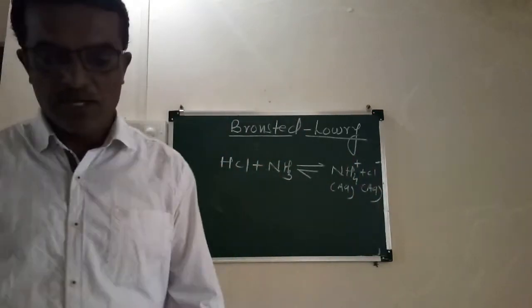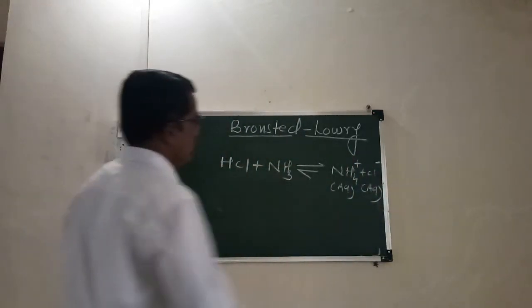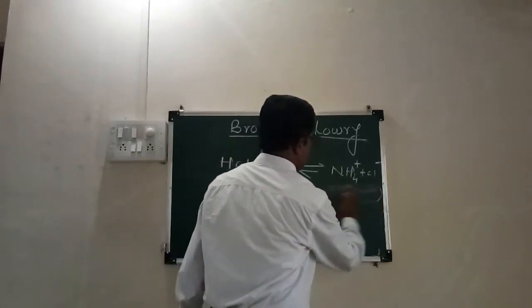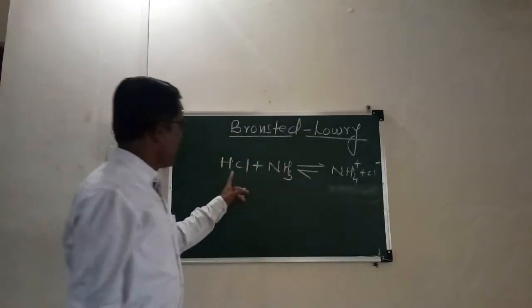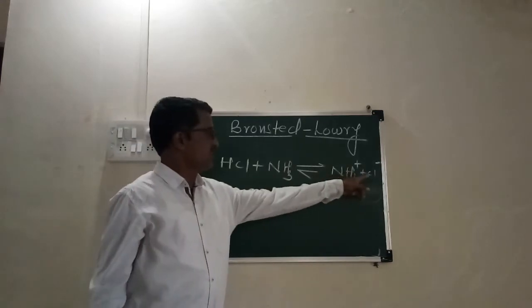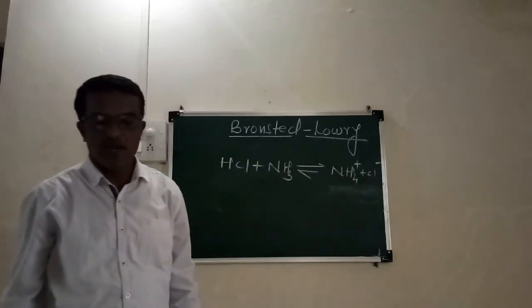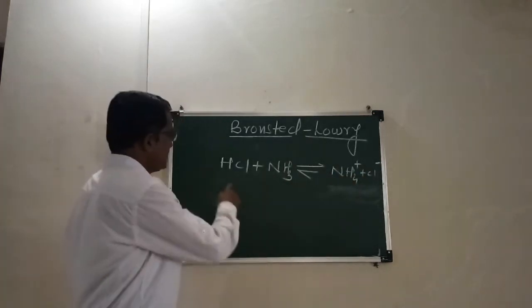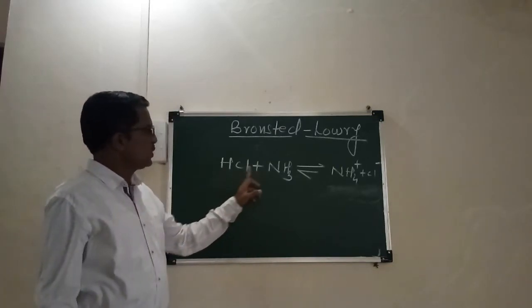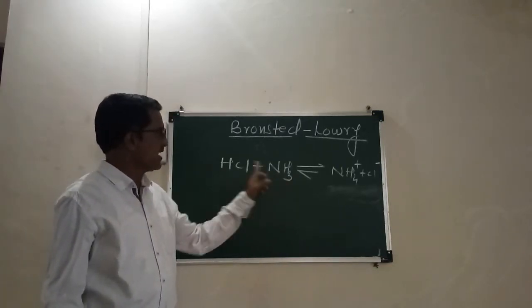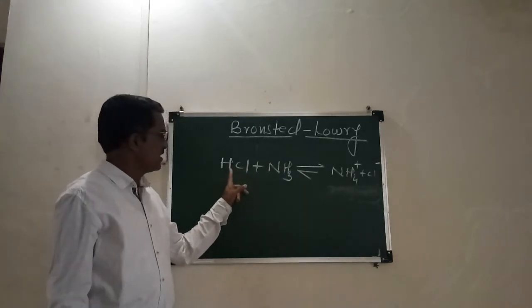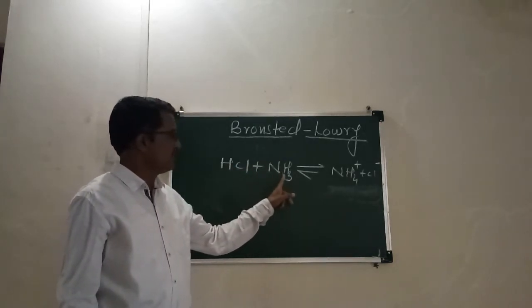Now in this example, when an acid reacts with a base like ammonia, it gives NH4 plus and Cl minus ions. This HCl can donate a proton to the ammonia, and ammonia can accept a proton from the HCl. Therefore HCl is an acid and ammonia is a base.